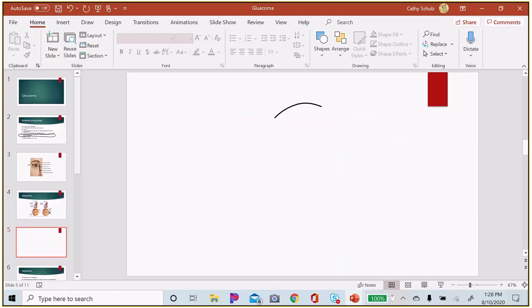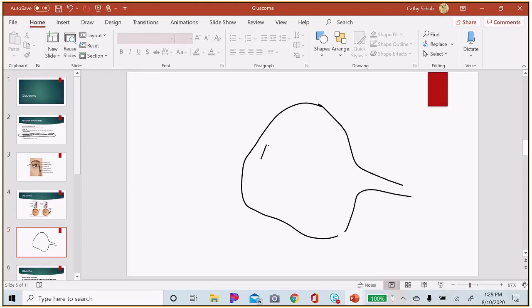So if this is your eye, and you have your lens and cornea and iris, there's a canal right here next to the iris. Inside this part of the eye, there's the fluid, and the fluid goes through the pupil, which is that empty space, kind of bathes between the iris and the cornea, and then drains into what's called the canal of Schlemm, so that it can go into the veins and be taken away from the eye.